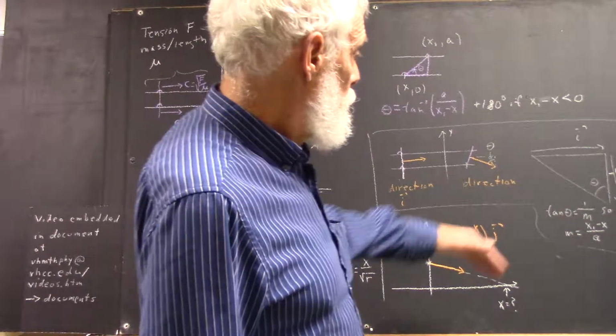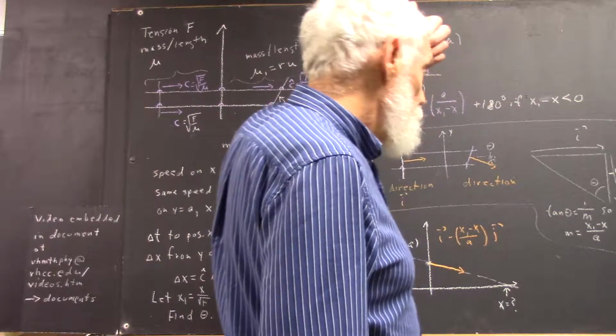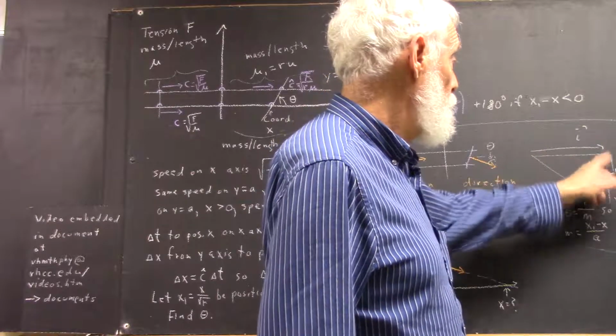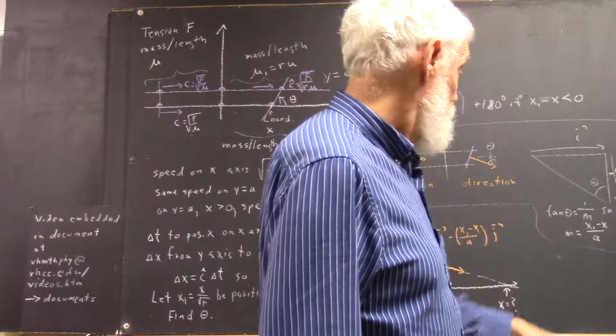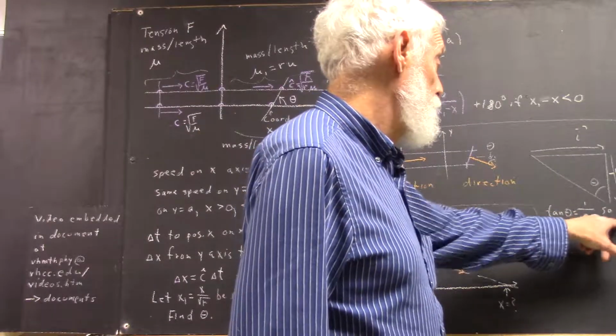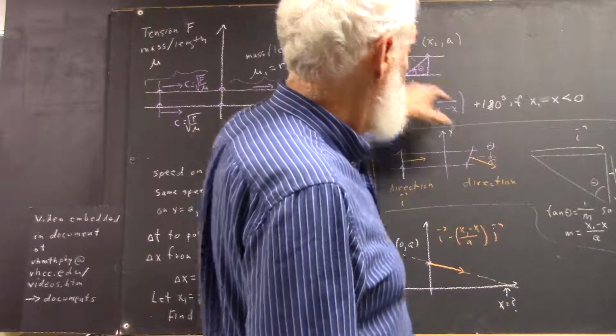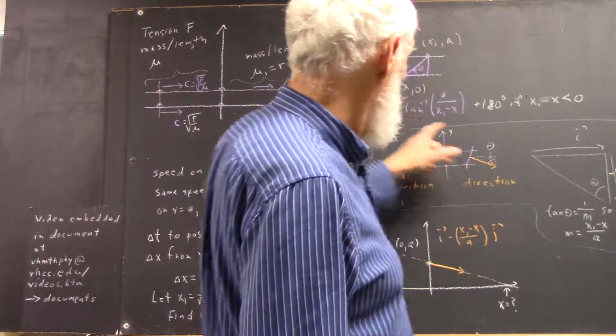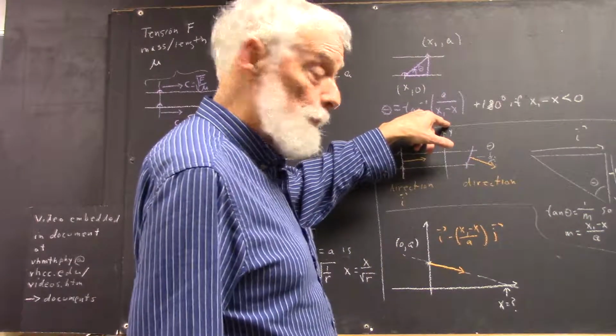So that's very straightforward, the tangent of this angle is then going to be 1 over m. So m is going to be 1 over tangent theta. Theta is the inverse tangent of a over x1 minus x.